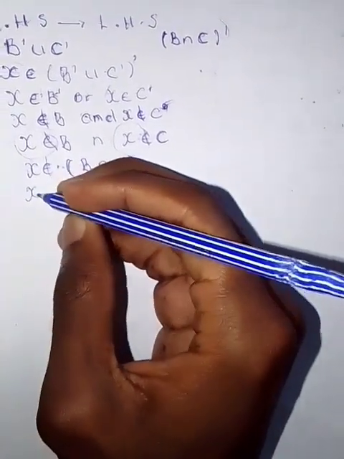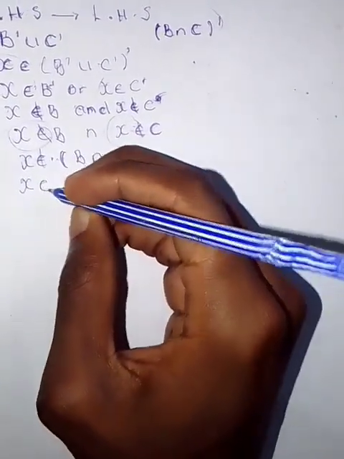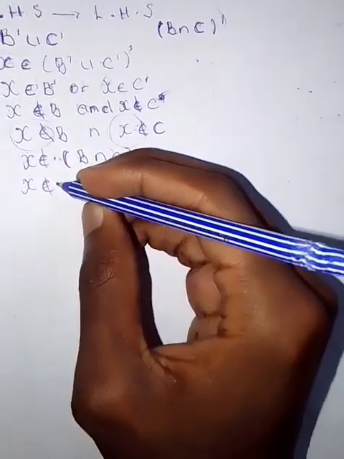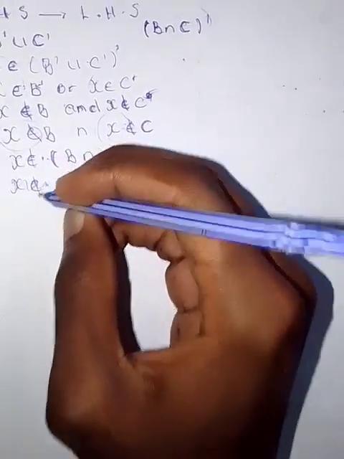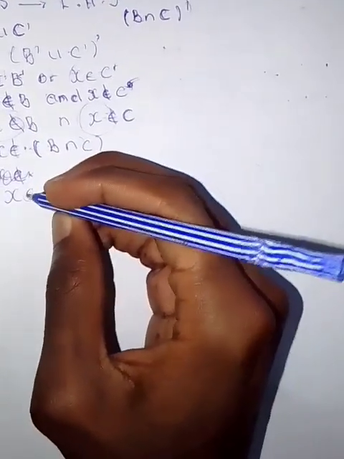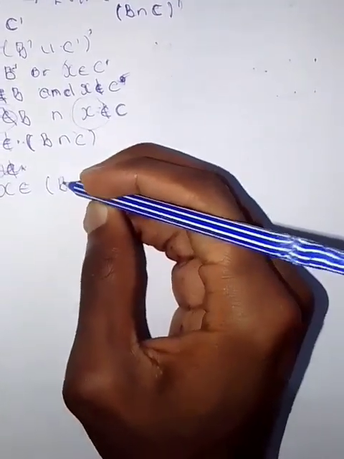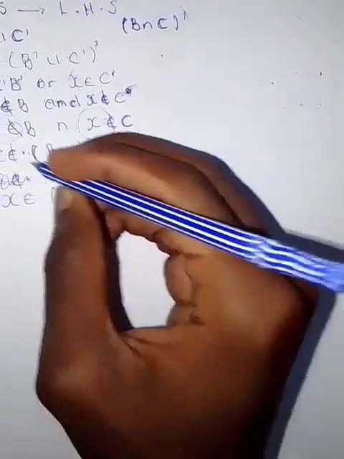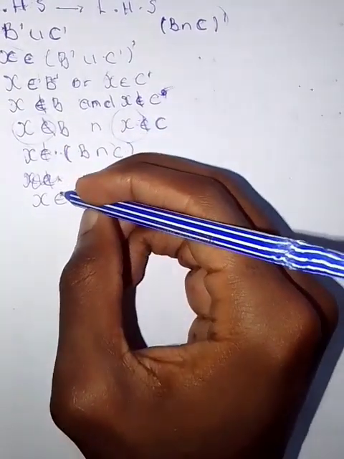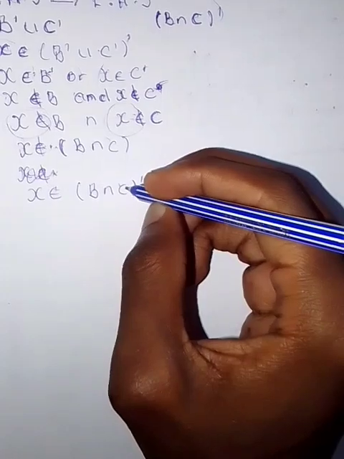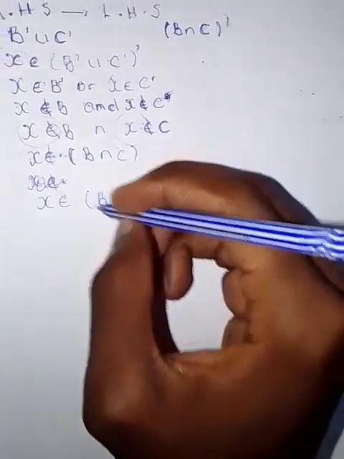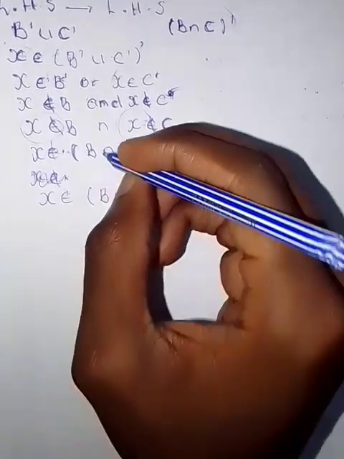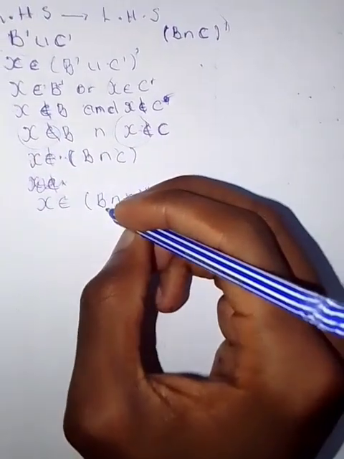If we represent it like this, they are still saying that X is not a member of all this. It can also be written like this, where you make it being a member of B intersection C, but this time it is being a complement. So now this and this are one and the same, since our goal is to reach here.